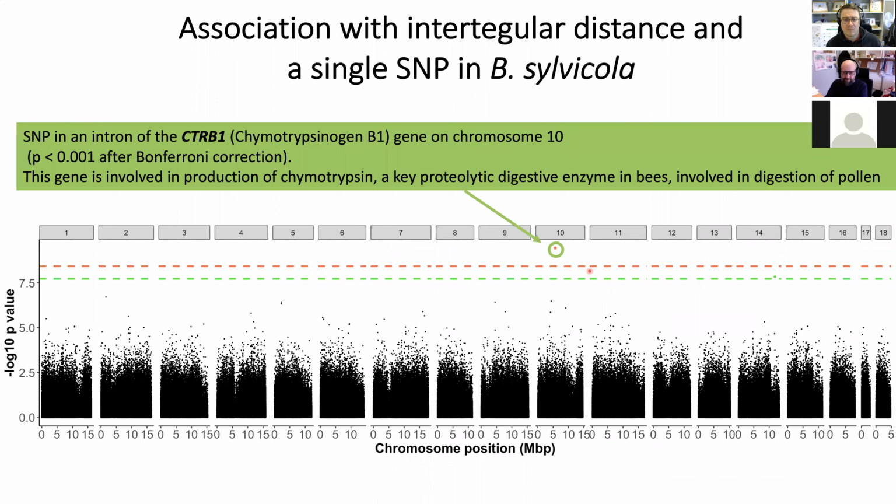So that's that SNP here, and it's hard to say whether this is a true hit or not, but it definitely seems to have a high significance, and it's found in a gene which kind of makes sense that it might be involved in size, because it's involved in the production of an enzyme which is important for digestion of pollen.